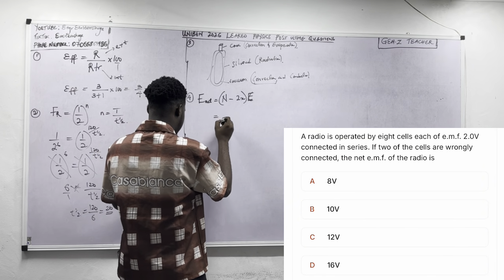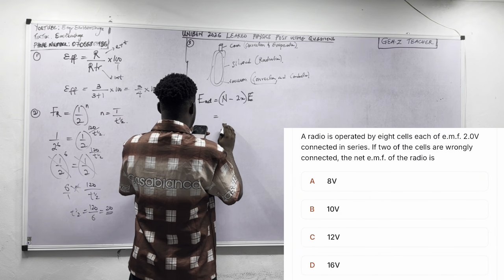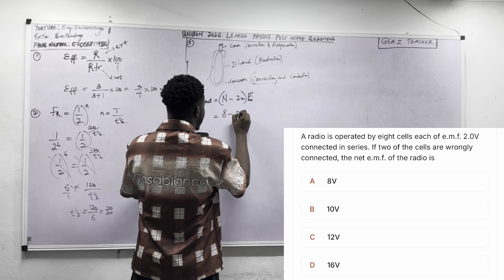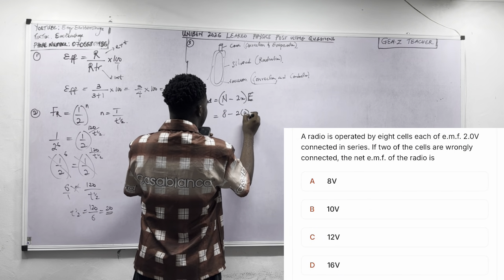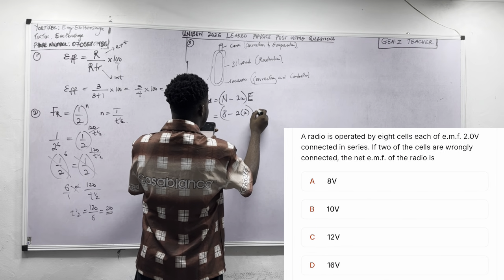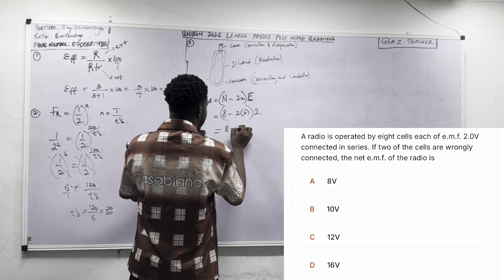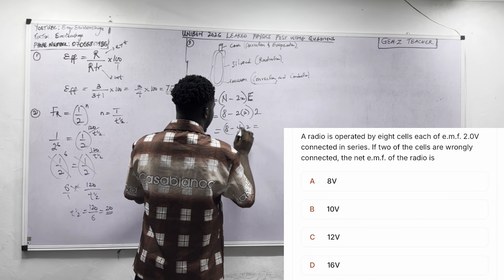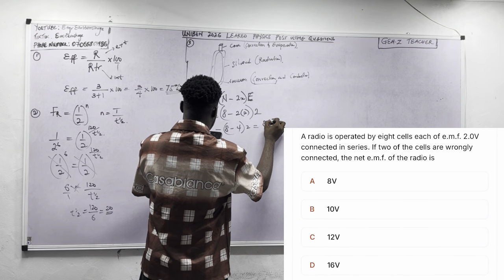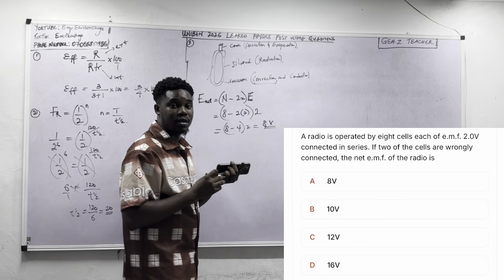From this question, total cells were 8, so we have 8 minus 2 times 2, since just 2 were arranged wrongly, all times 2 volts. This gives 8 minus 4 into 2, that is 4 times 2, which is 8 volts as your answer.